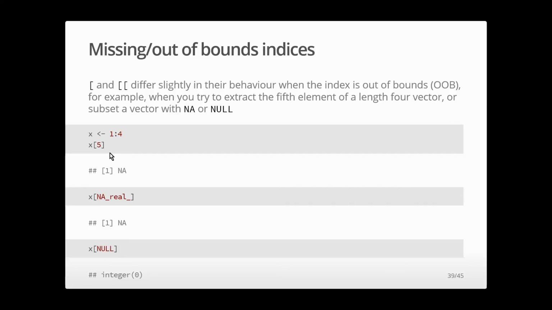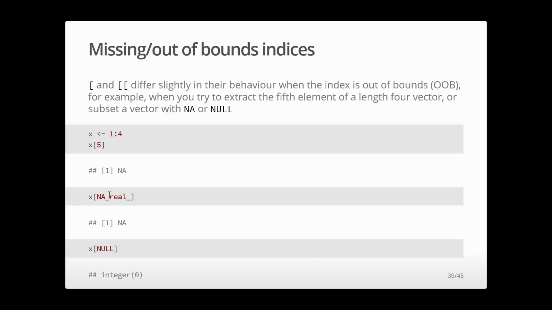And so R will throw an error. It'll say out-of-bounds and things like that. Okay, so the behaviors of these things sometimes are a little bit different when you end up going out of bounds. If you do it with an atomic vector, you only have 1 through 4, and you say, give me the 5th element, it's going to say missing, okay?